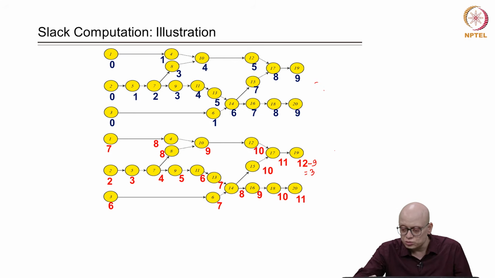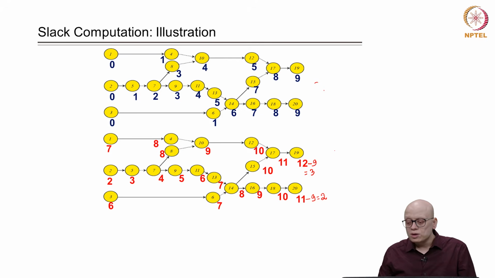Similarly, for the vertex 20, the setup slack is 11 minus 9 is equal to 2, right. So, out of these two timing endpoints, the setup slack is lower for the timing endpoint 20. However, the slack is positive for both the cases, and therefore, there is no timing violation in this circuit.